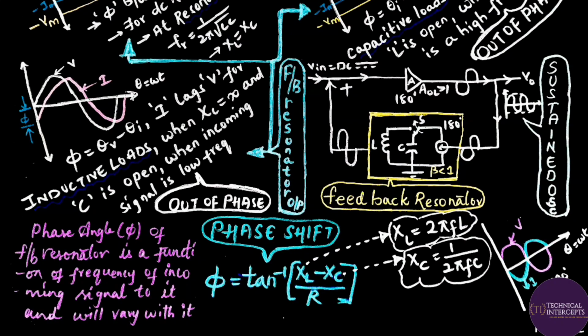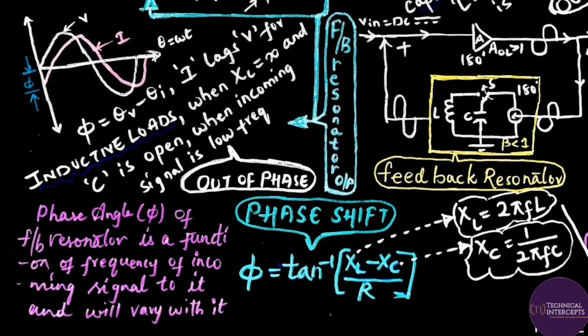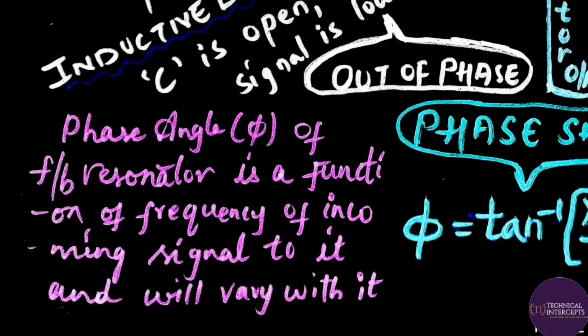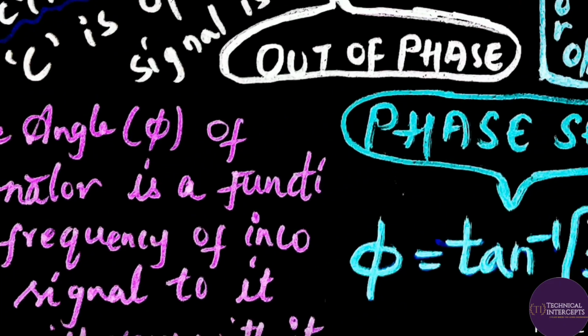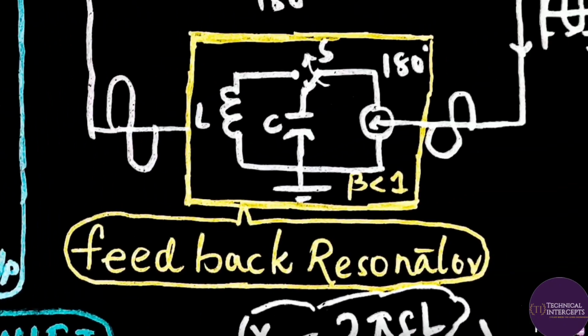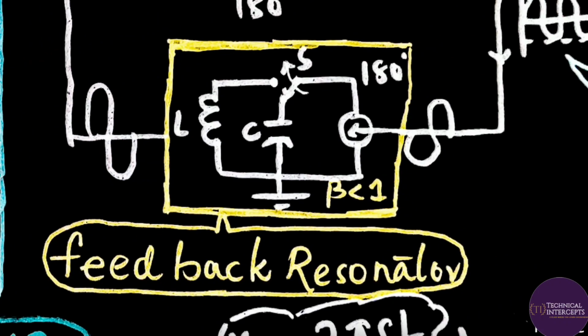When the output from the open loop amplifier is fed to the feedback resonator, the phase angle of the feedback resonator will vary as a function of the frequency of the signal incoming to it. This phase change happens because of the reactive elements present in the feedback resonator, that is the capacitor and inductor.